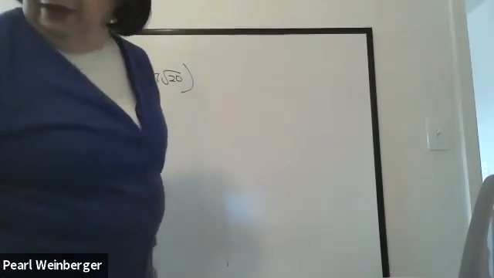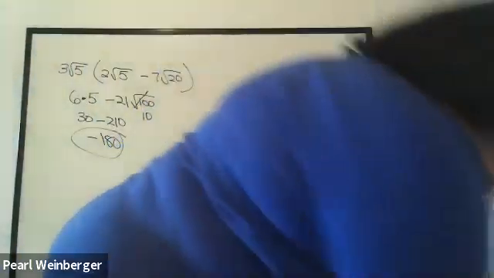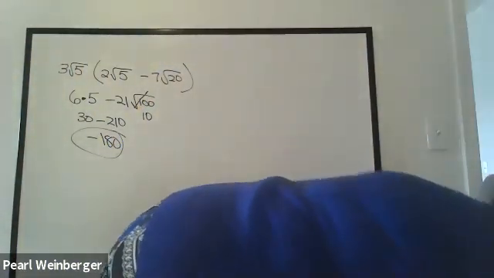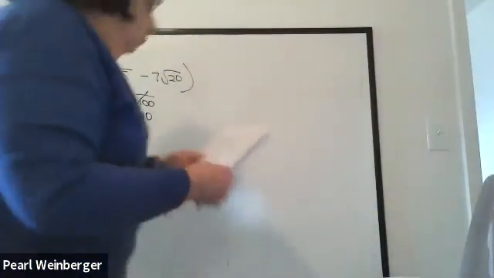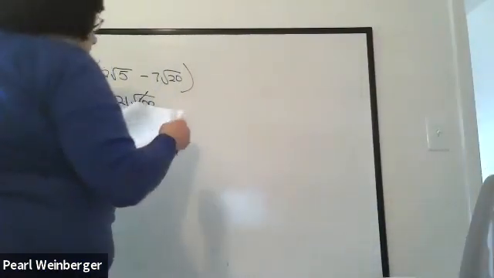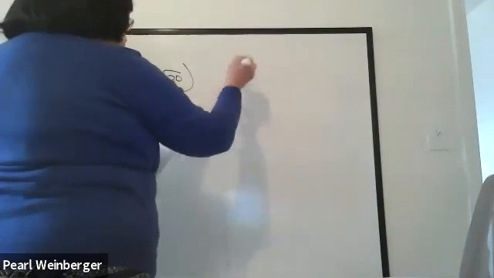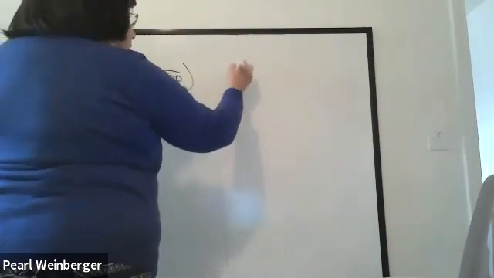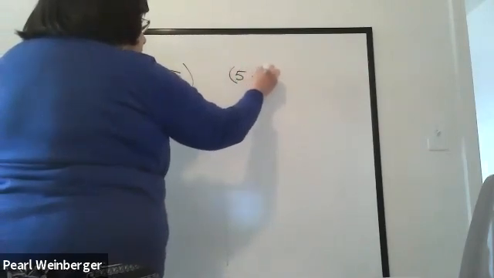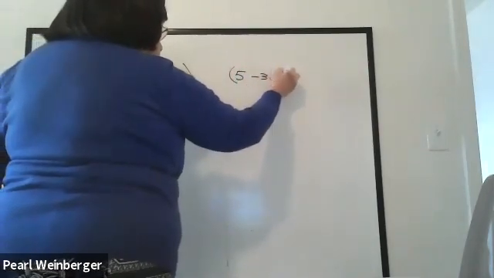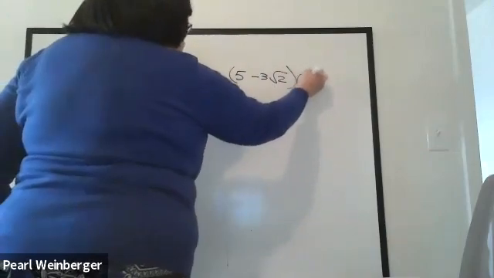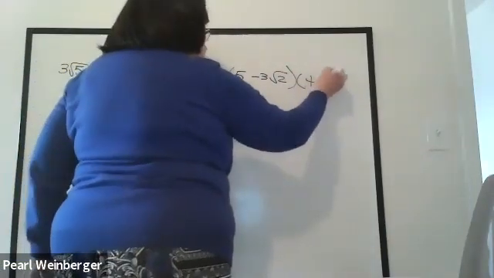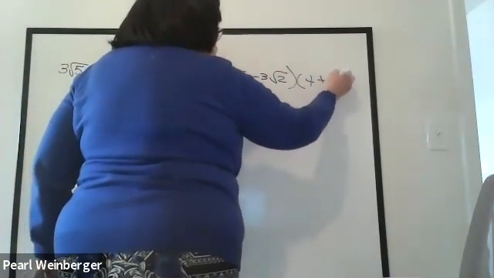If I have something like this, suppose I gave you 5 minus 3 radical 2 times 4 plus 6 radical 2.